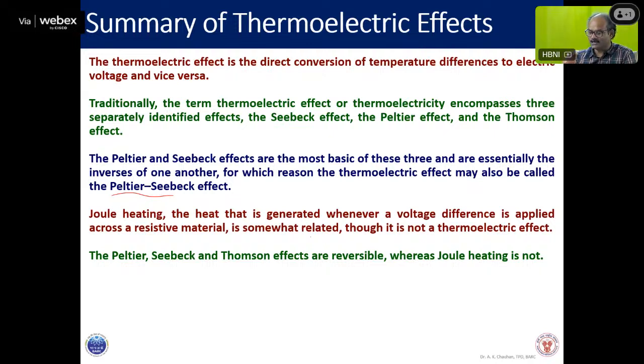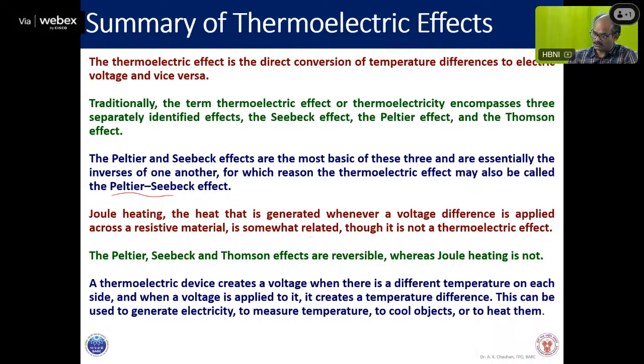But in normal condition, if you provide heat to that filament, current will not flow in the circuit. So it is not reversible. However, these three effects, Seebeck, Peltier, and Thomson, are reversible. So you can do the opposite. Like for Seebeck, the opposite was the Peltier.